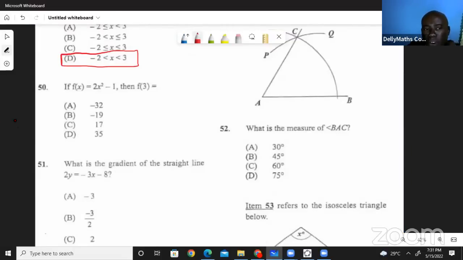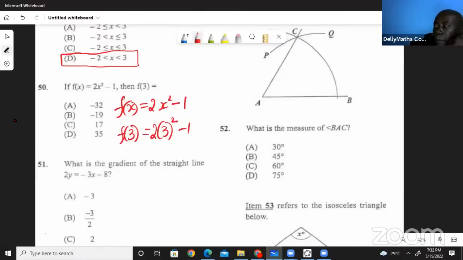So we are evaluating a function here. f of 3 is equal to 2 times 3 squared minus 1. So 3 squared is 9, times 2 is 18. So this is 18 minus 1, and I'm looking for 17 for my answer, and 17 is there.